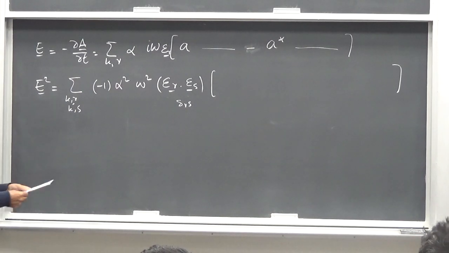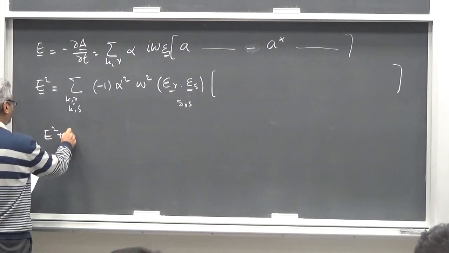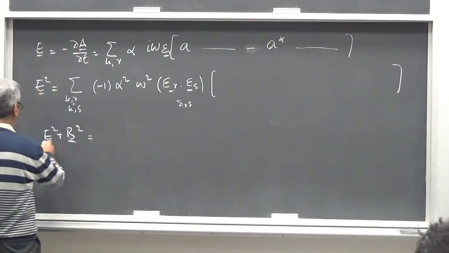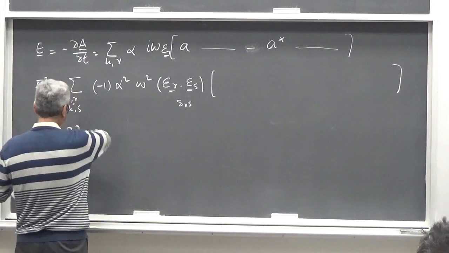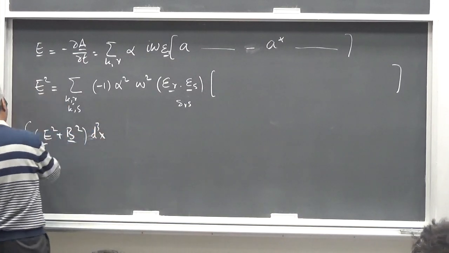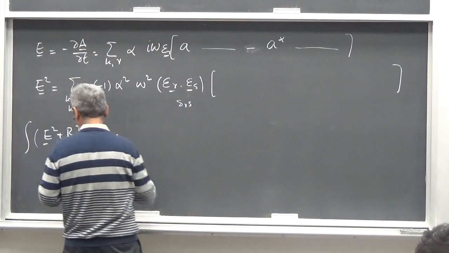Okay, so when you do E squared plus B squared, you're going to get the integral d3x, whatever. There's a 1 by 2 as well there.